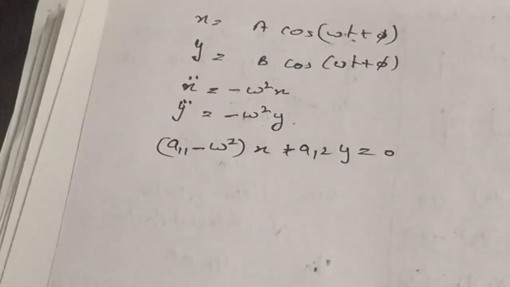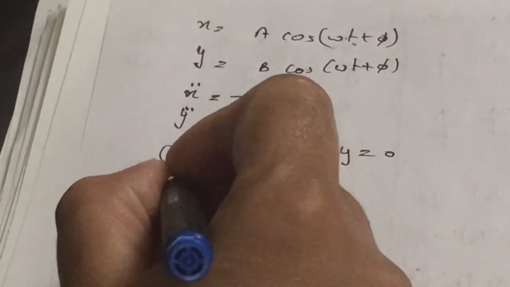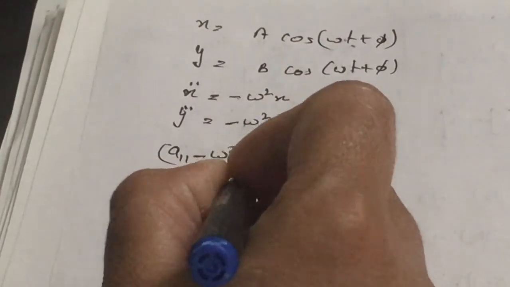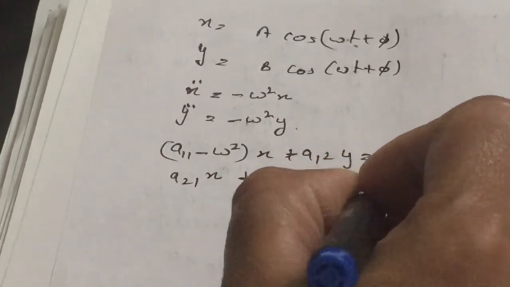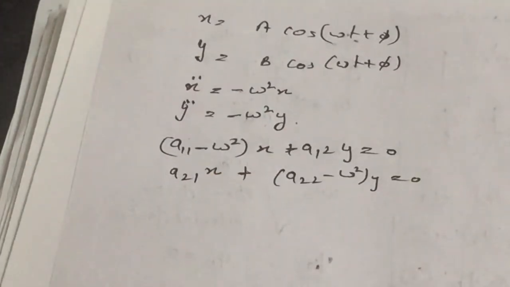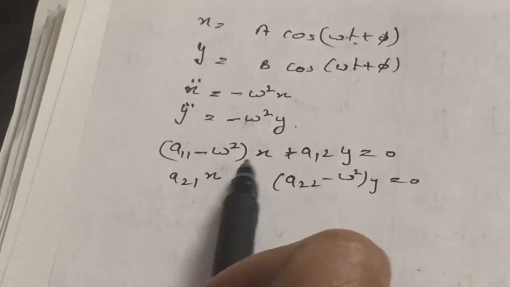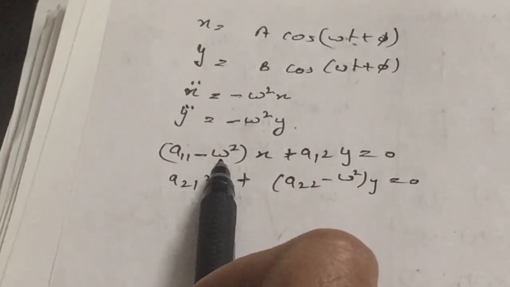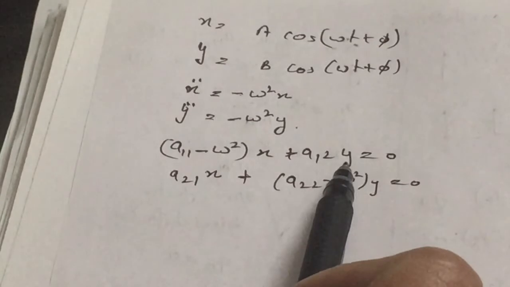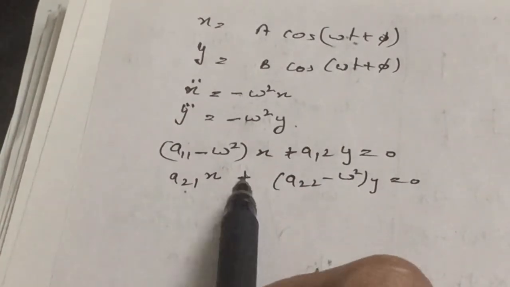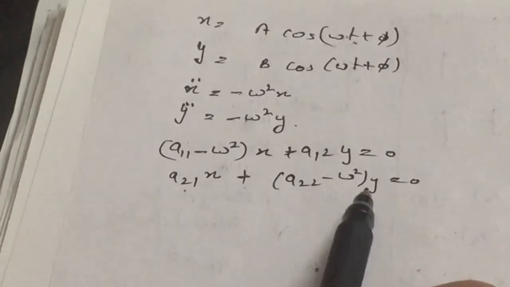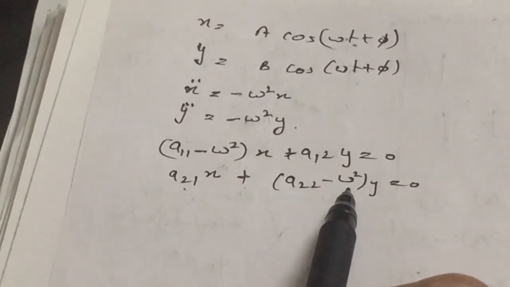Similarly, from the eighth equation we will get a21 times x plus a22 minus omega square y is equal to 0, where this term is representing the coefficient of x and a12 is representing the coefficient of y. Similarly, in the second equation, a21 is representing the coefficient of x and a22 minus omega square is representing the coefficient of y.